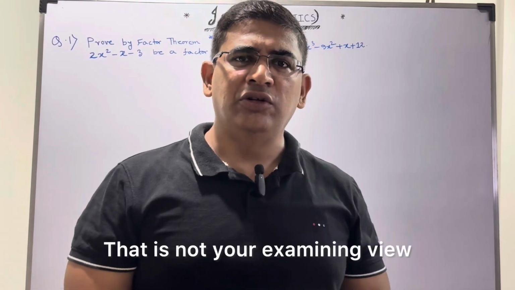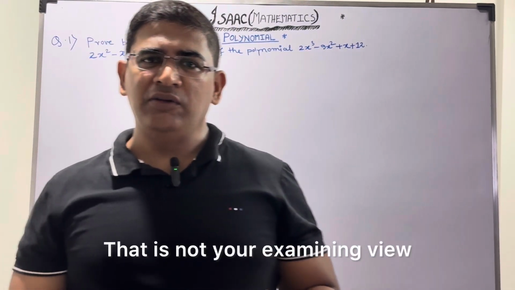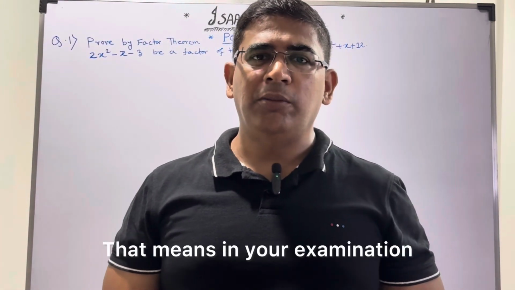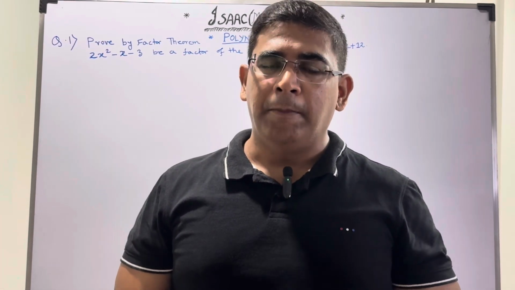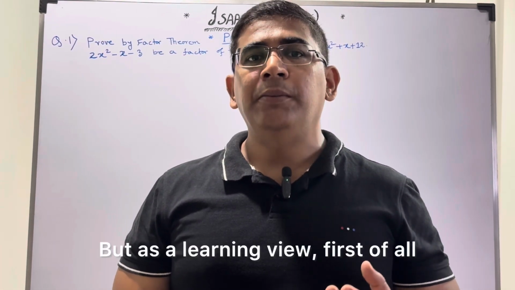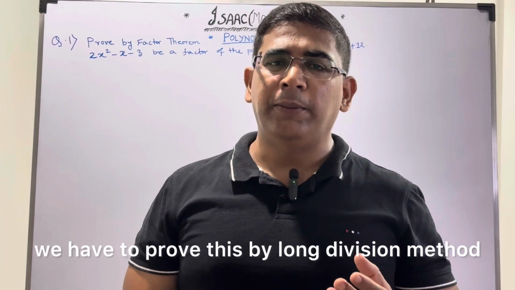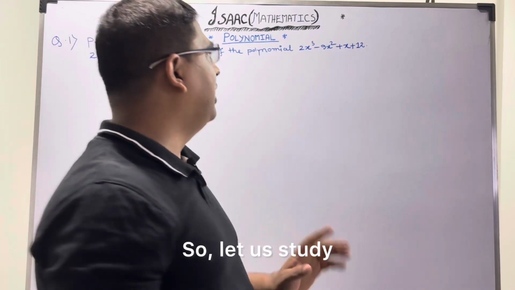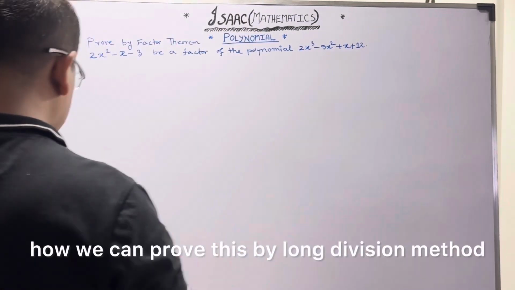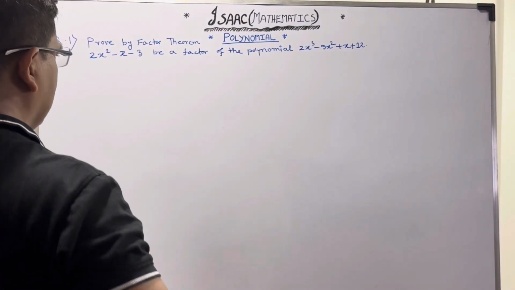That is not for your examination view. In your examination you have to prove this only by factor theorem. But as a learning view, first of all we prove it by long division method. So let us study how we can do this.